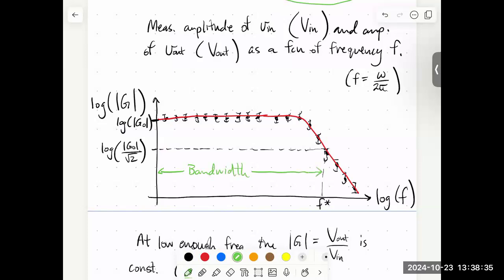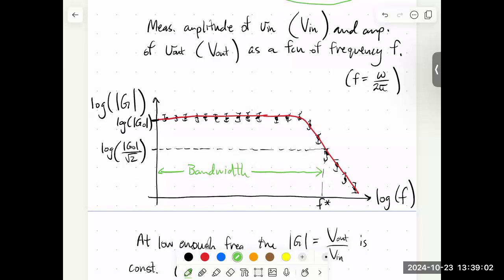The reason bandwidth is a useful concept is because it tells you the useful frequency range of the amplifier, right? If I'm below the bandwidth, the gain is mostly flat and so well behaved. If I start getting close to the bandwidth, then I start seeing some change. If I go outside the bandwidth, then the gain really drops quickly.